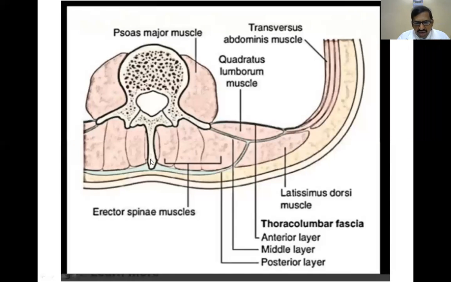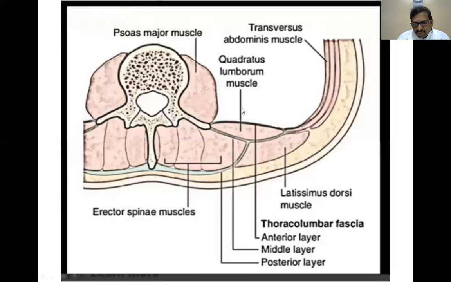The posterior layer is attached medially to the spinous processes of the vertebrae, and laterally it blends with the middle layer, then continues as the transversalis fascia. These are the three layers of the thoracolumbar fascia.